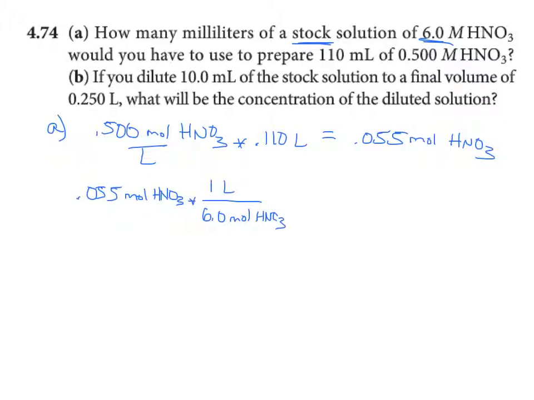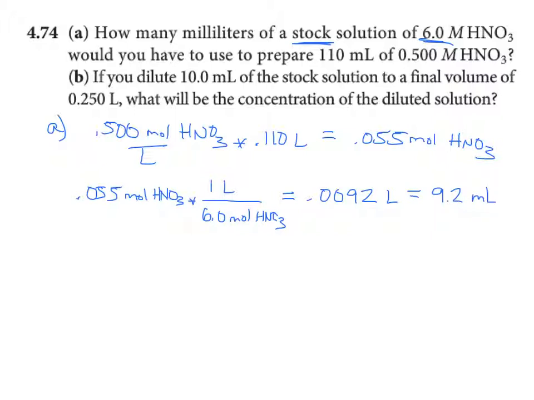I'm just turning the units upside down so that I can use it to cancel out moles. And when you do this, you're going to end up with a very, very small number, 0.0092 liters. So the last thing I want to do is answer that the way the problem asked me to, which is milliliters. So you should have 9.2 milliliters.